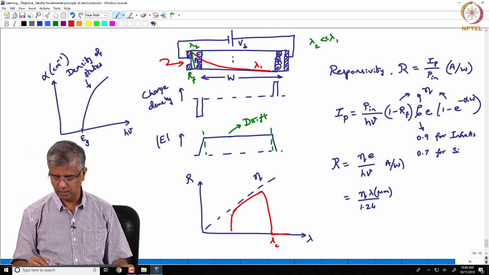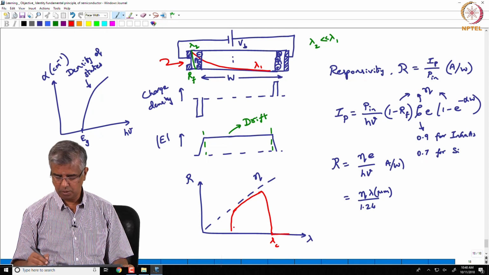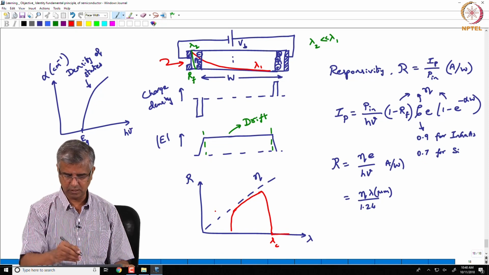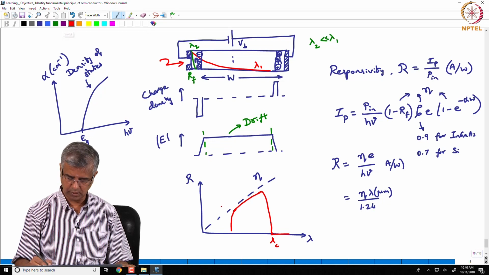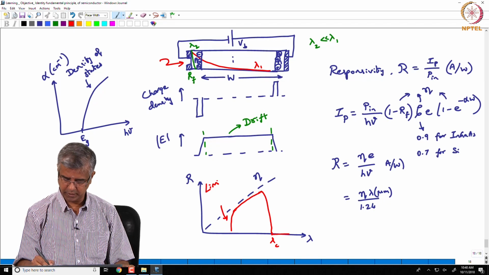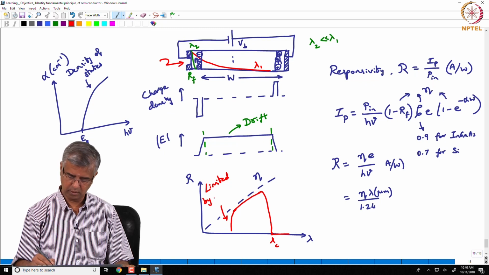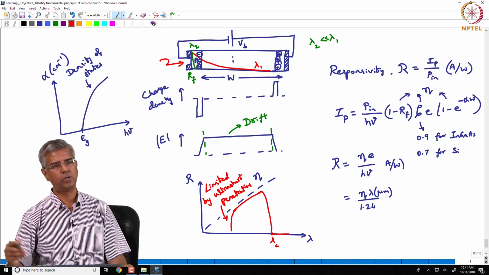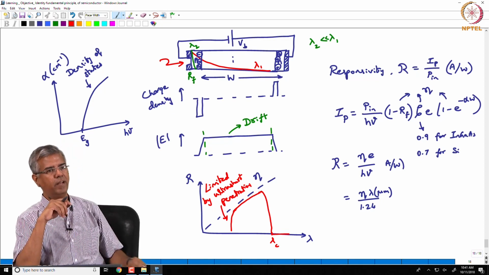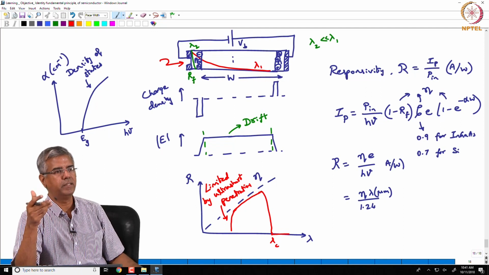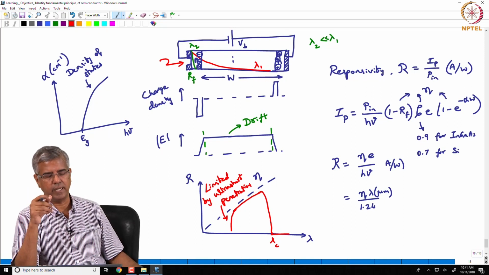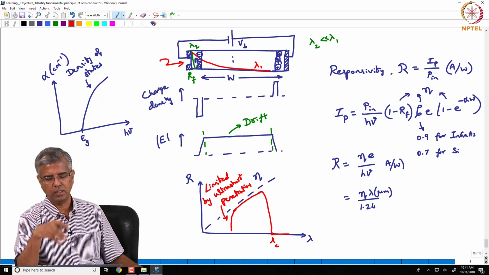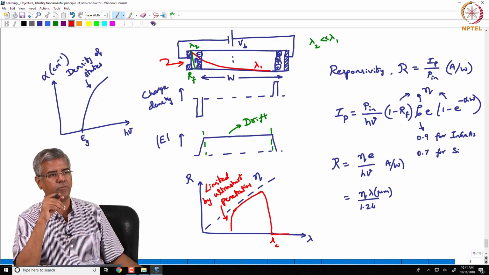It's going to drop off abruptly because at this point it's limited by ultra short penetration, because as you go smaller and smaller in wavelength, that corresponds to higher and higher energy, and all your absorption happens near the facet itself.